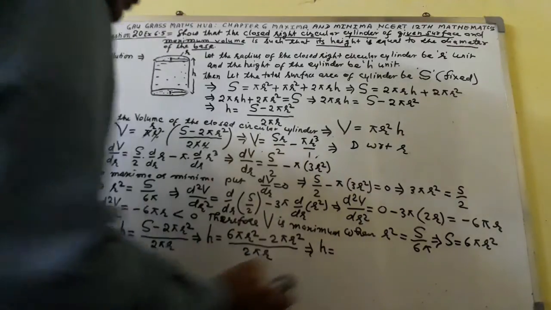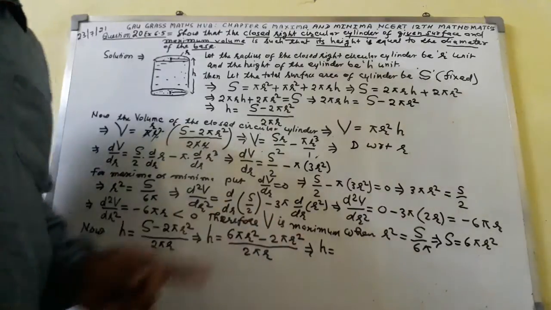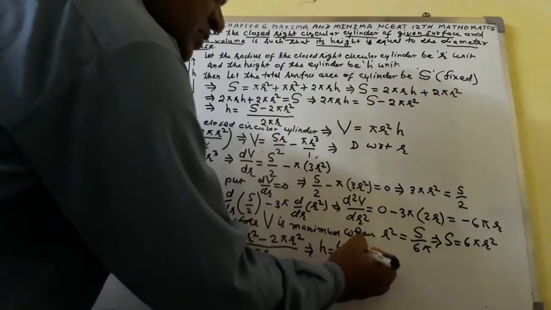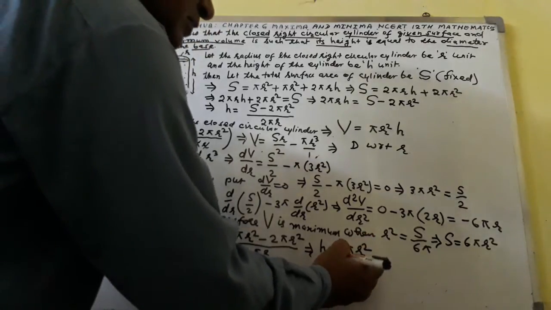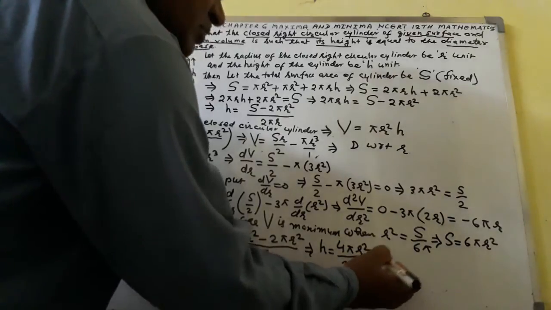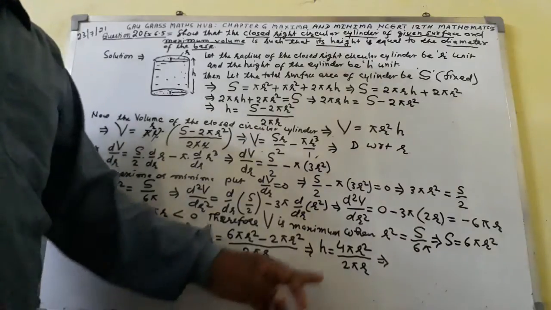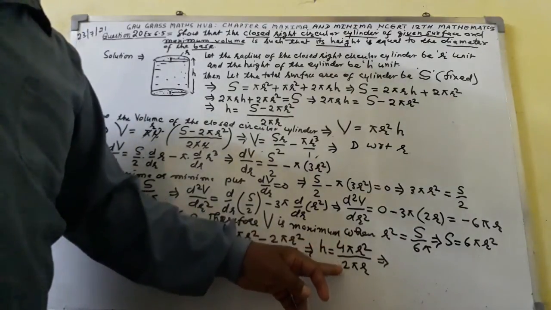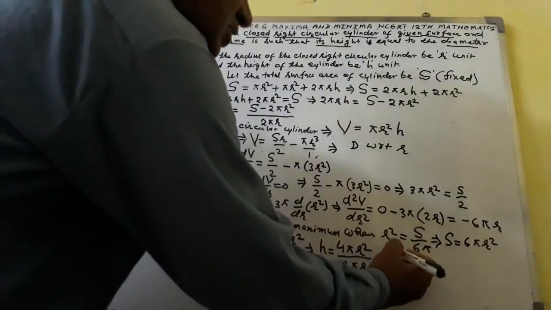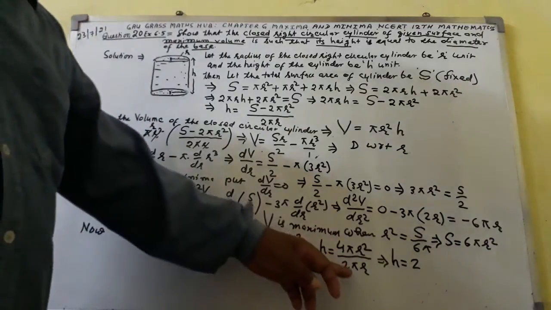You will get here 4 pi r square over 2 pi r. Pi will be cancelled out. 4 divided by 2, you will get 2.